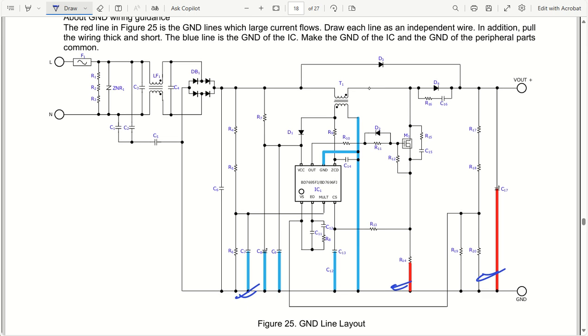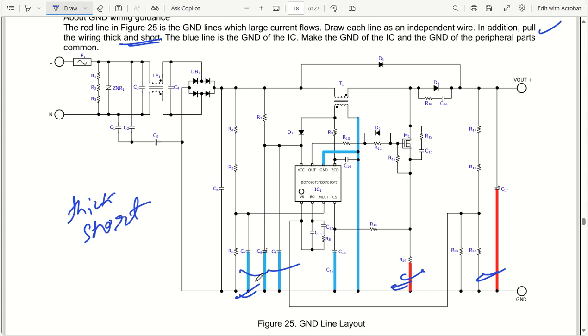And one more thing that you can see is to make the wiring thick and short. That's the main concept that we have to use. So all these blue wires or red wires, we have to have thick lines as well as very short lines. As you can see, the blue line is the ground line of the IC.